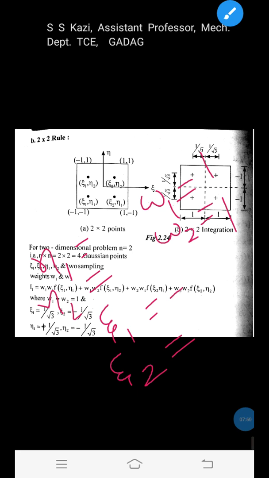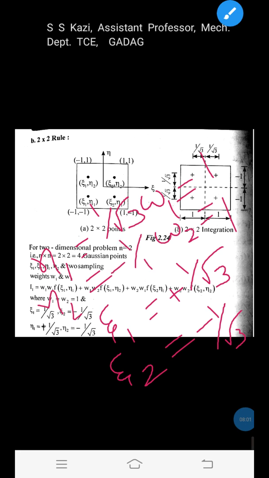Zeta 1 is equal to plus 1 by root 3 and zeta 2 is equal to minus 1 by root 3, and neta 1 is equal to plus 1 by root 3 and neta 2 is equal to minus 1 by root 3. Like this, we are using the sampling points and sampling weights for the 2 by 2 rule.